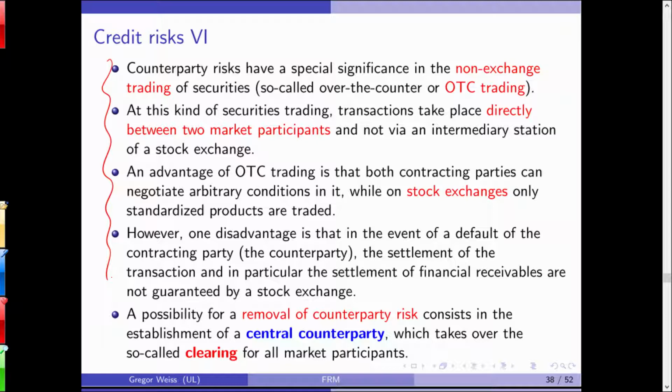So you now include a central counterparty, and the central counterparty is meant to guarantee all payments. So the OTC market somewhat ceases to be a highly intransparent and highly unregulated market, and it moves a little bit in the direction of a regulated market. And with a central counterparty, counterparty risk is somewhat removed and eliminated, nowadays at least.